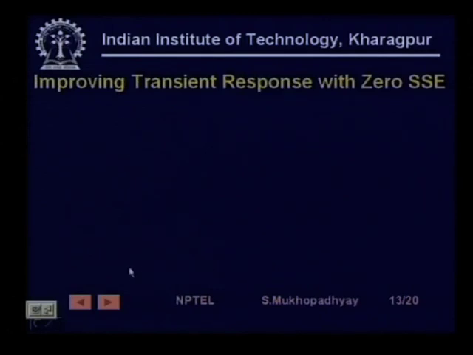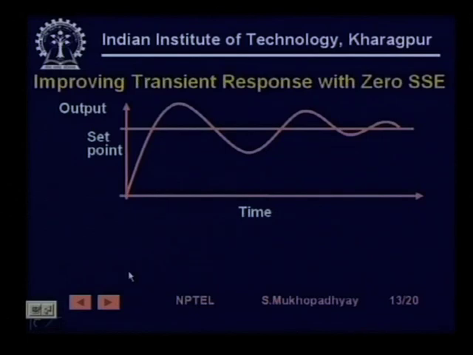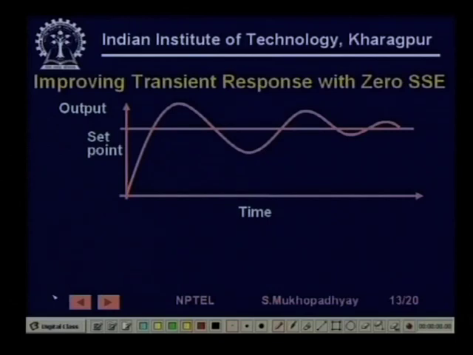So we want to improve transient response without sacrificing the steady state error. If we want to do that, then around this point we have to keep braking, so that we can quickly turn. So here we have to slow down.